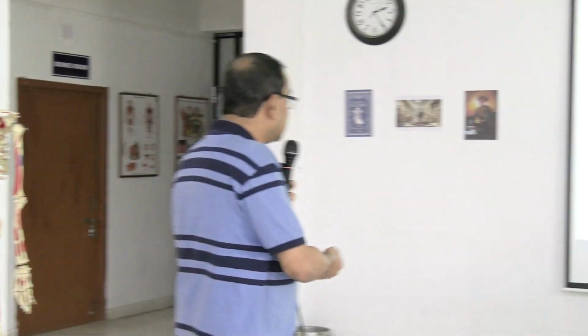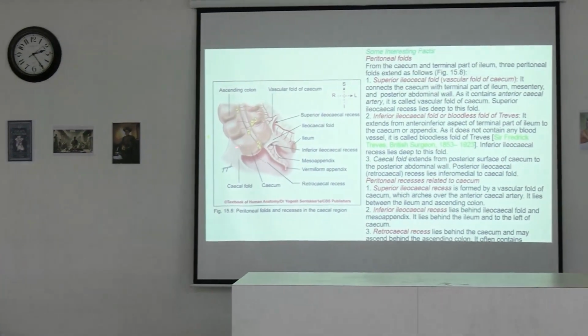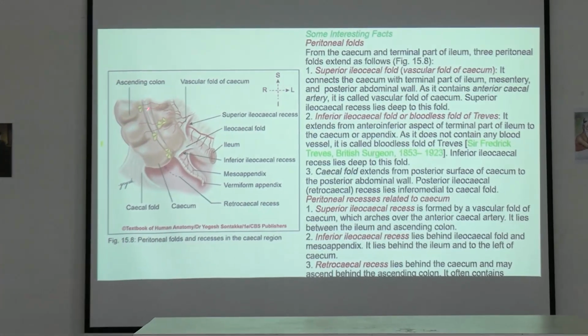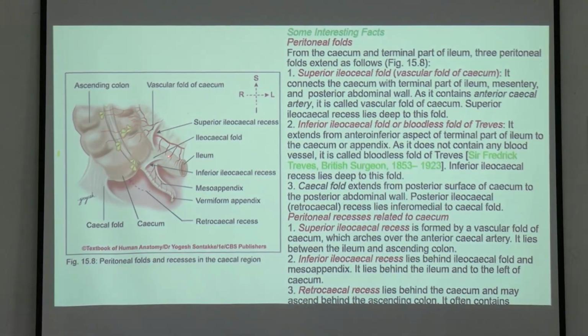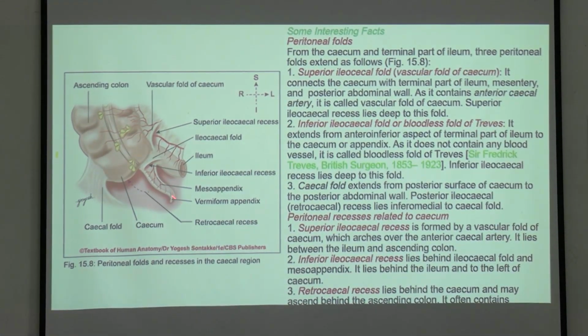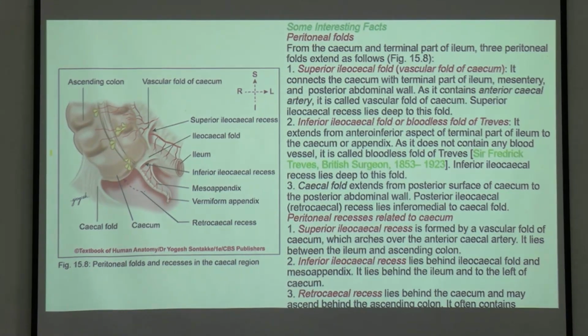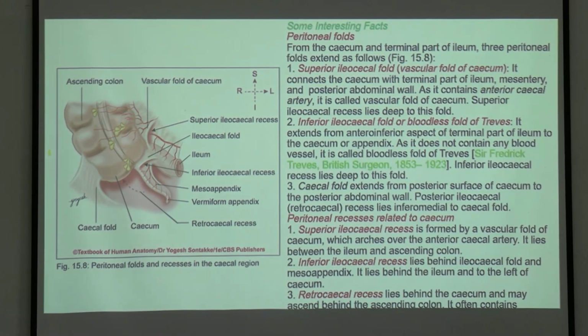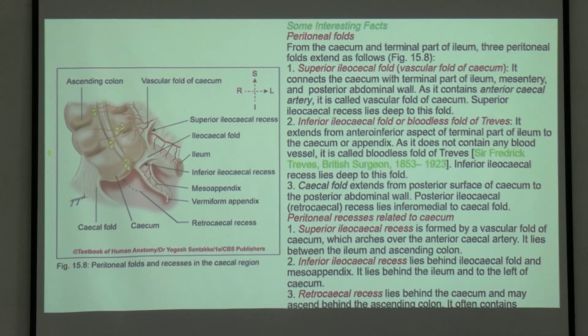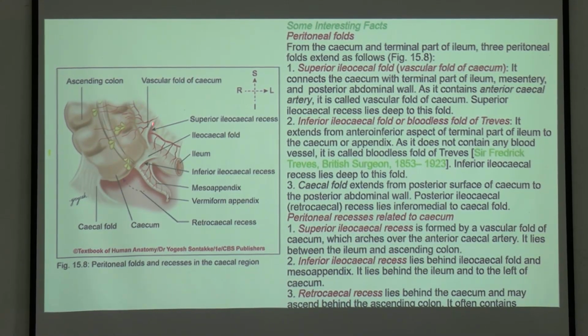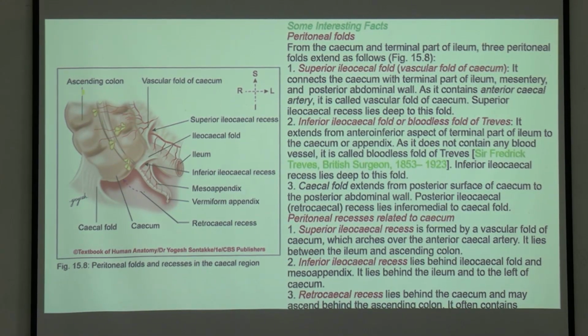We can find the peritoneal layer around the cecum, and around the appendix. So this appendix is movable, whereas the ascending colon is fixed, plastered to the posterior abdominal wall.